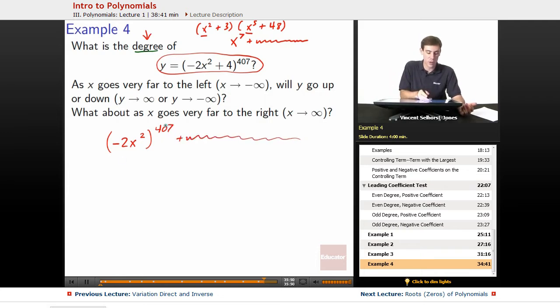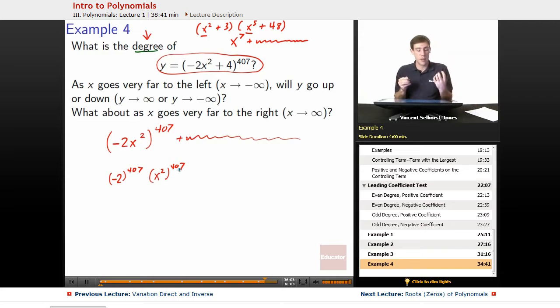So negative 2x squared to the 407, well, we distribute that: negative 2 to the 407, x squared to the 407. So if we've got 407 x squareds, then it's x squared times x squared times x squared times x squared. So it's going to be the same thing as x to the 2 times 407, because they're going to iterate that many times.